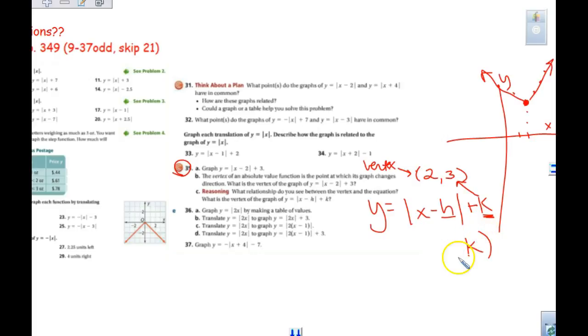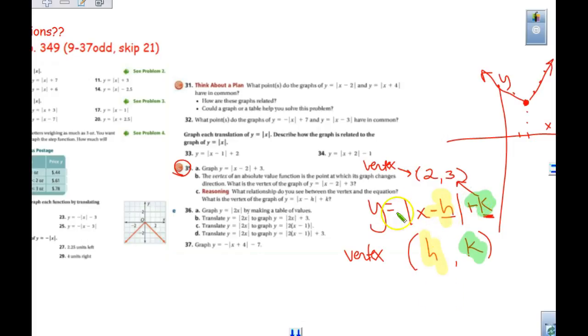Anytime you have a plus k, that is going to be the y coordinate of our vertex. And the x coordinate, if it is a minus, will just be h.